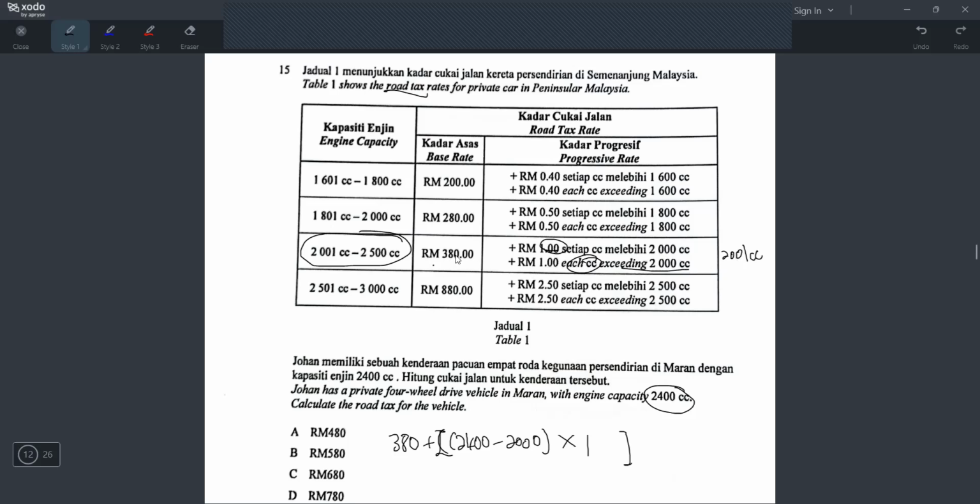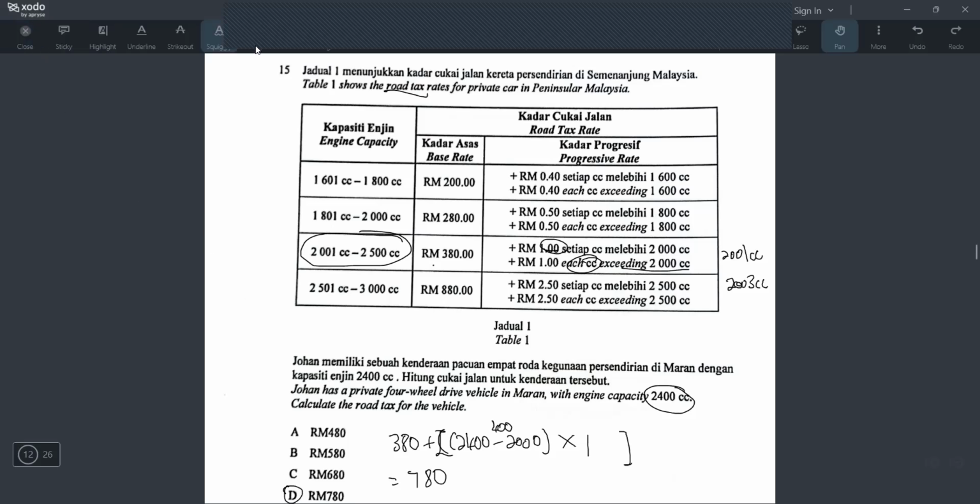It means you will pay 380 plus 1 ringgit because you melebihi the 2000 cc by 1. So every cc you melebihi, you pay 1 ringgit. What if you 2003 cc? Then you will pay 380 ringgit plus 3 ringgit. But now your cc is 2400. That's why you take 2400 minus 2000, you will end up with 400 here. And then the 400 have to times 1 because for every cc you bayar 1 ringgit. So 400 times 1 is 400 plus with 380, you get 780. So the answer is D.